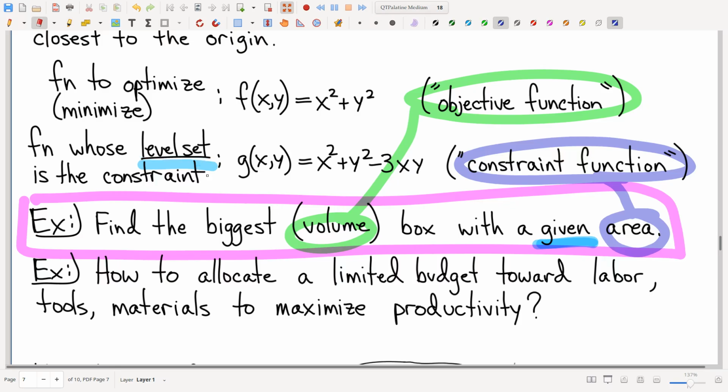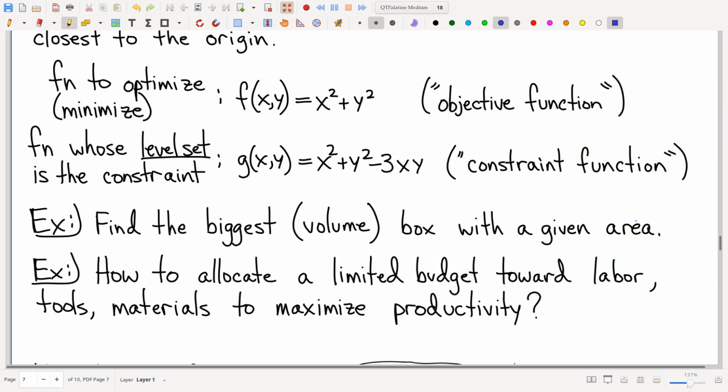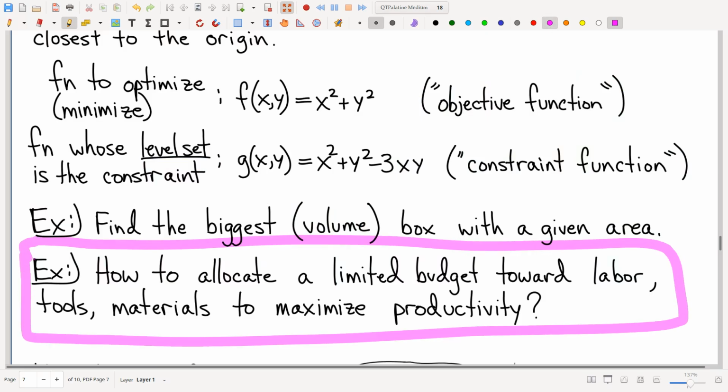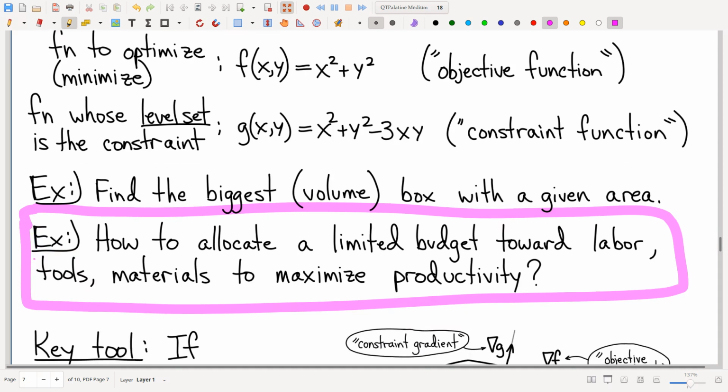Okay. Similarly, here's a very natural real world problem. I've got a limited budget. Now that's a harsh reality for practically everyone. I'm trying to start a little company here, and I've got to hire some people, and I got to buy some tools, and I got to buy some raw materials, and I'm trying to produce product. How do I make the most possible product, given that I have this very limited budget?